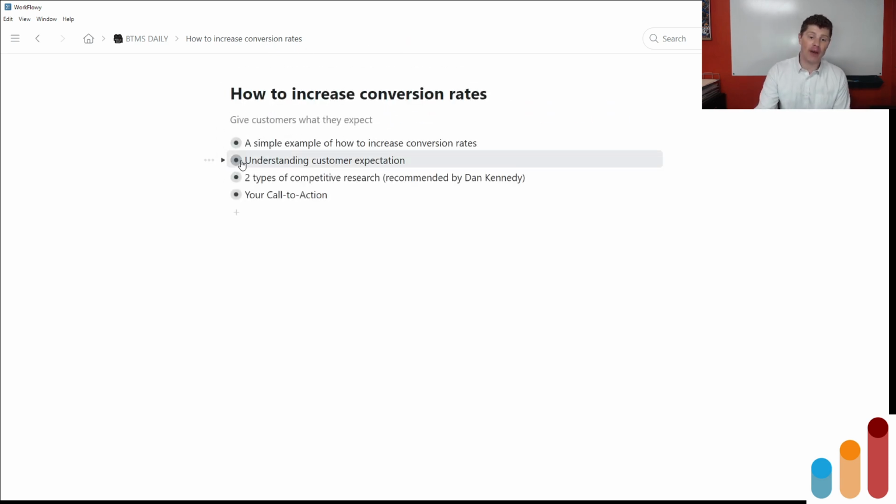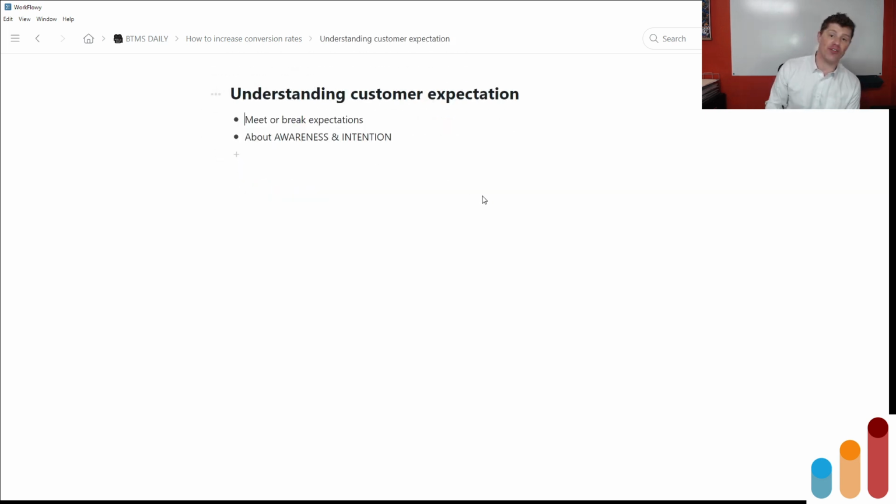And so no matter what you're doing in terms of your marketing, you want to understand your customer's expectation for the experience that you're going to put them through, for the conversion experience. And you can go two ways here, right? There's a fork in the path.